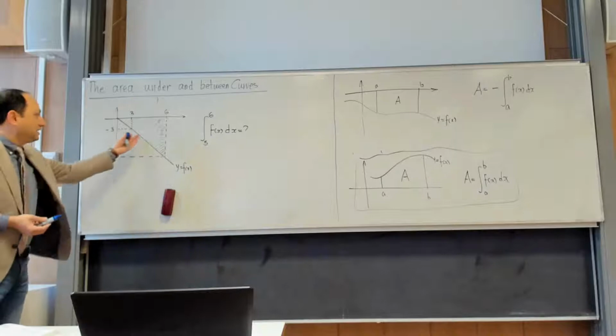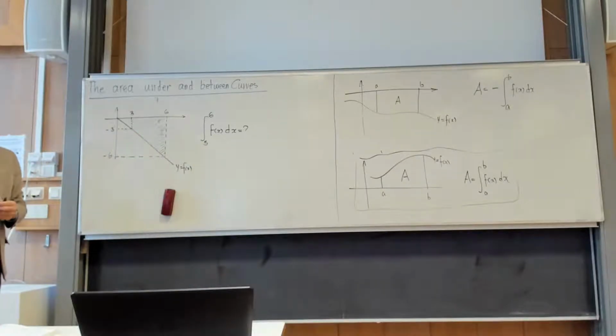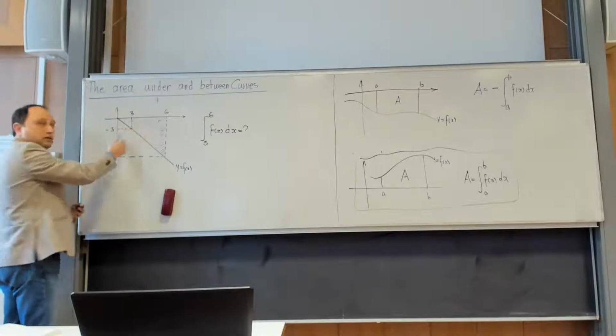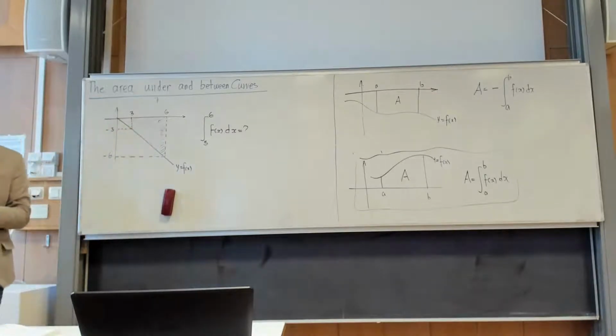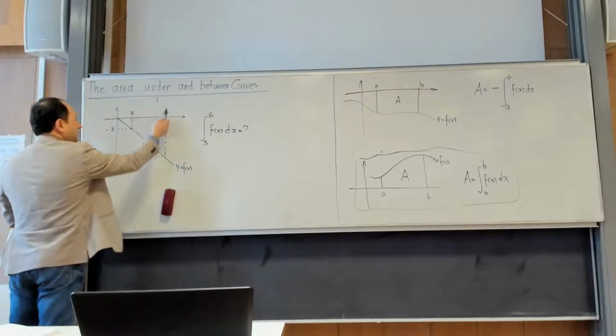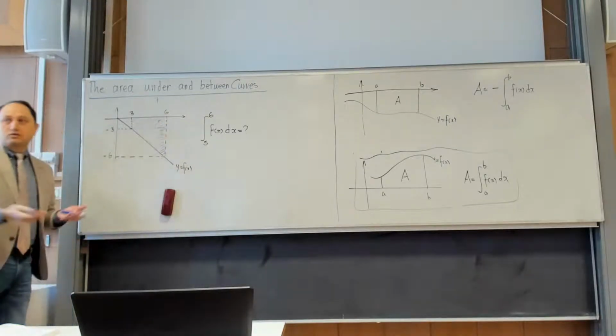How can I calculate the area, by the way? Yes? Louder, please. So you are calculating the whole area here, and then you are subtracting this part of it. That's one way to do that. One way is probably to make it one rectangle and one triangle. That's also possible.